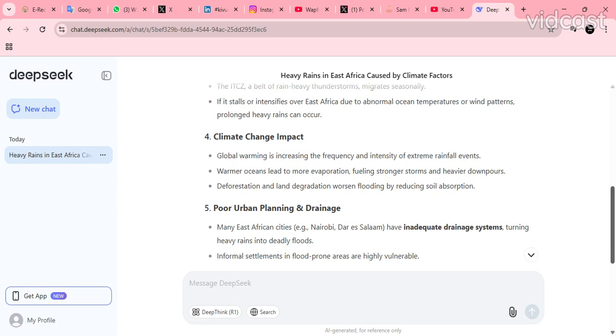Poor urban planning and drainage. Let's take an example of cities like Kampala and Kinshasa, which recently had erosion and heavy floods across those two cities, especially Kinshasa in the DRC, where people lost lives and homes, and roads and bridges were flooded. People had no way out.